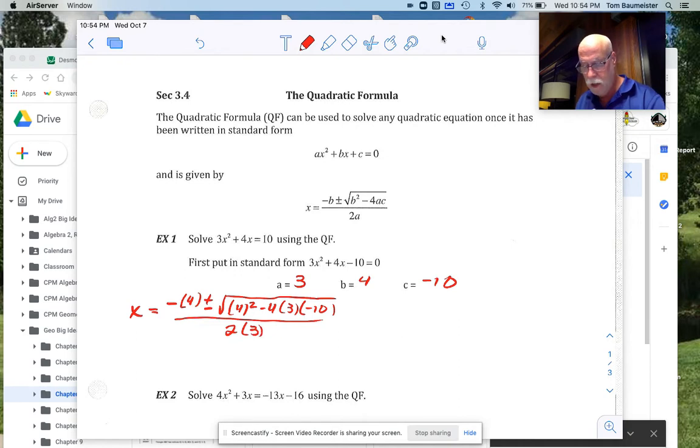Okay, so if we simplify that, I'll get negative 4 plus or minus the square root of 136 over 6, which will reduce down to negative 4 plus or minus 2 times the square root of 34 over 6.